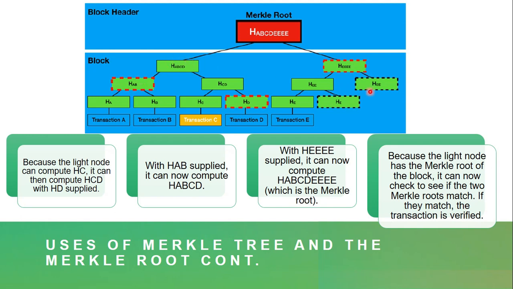With HEEE supplied, it can compute HABCDEEE, because we already have these two, and they will be merged to create this Merkle root. Now, because the light node has the Merkle root of the block, it can check to see if the two Merkle roots match. Here, after getting this and this, the two Merkle roots match. If they match, the transaction is verified.